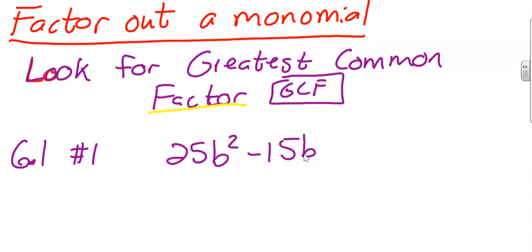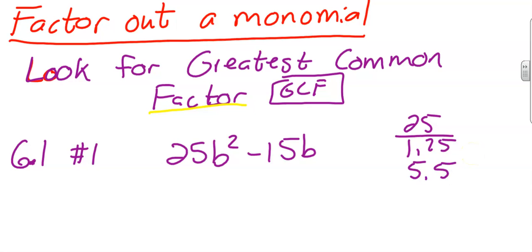Okay, and when we're talking about the greatest common factor, you're looking at the numbers. You're looking for, what are all the factors I can divide into 25? Well, there's only a couple of ways you can get 25. It's either 1 times 25 or it's 5 times 5.